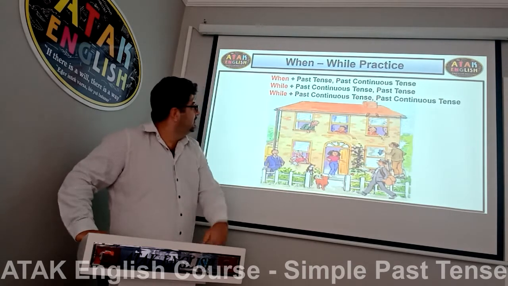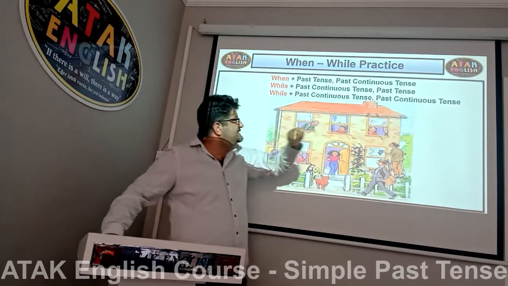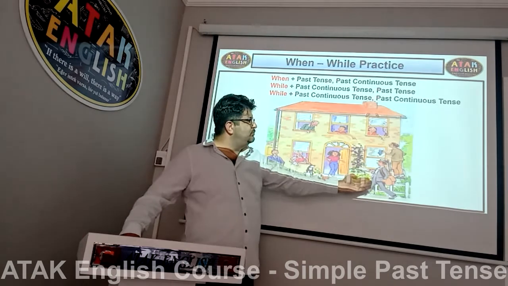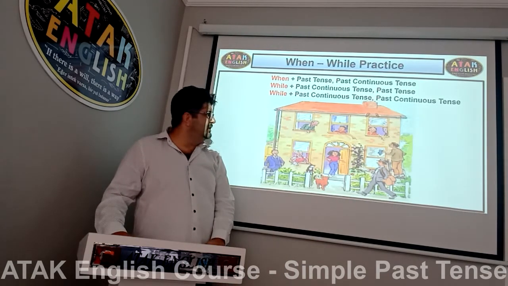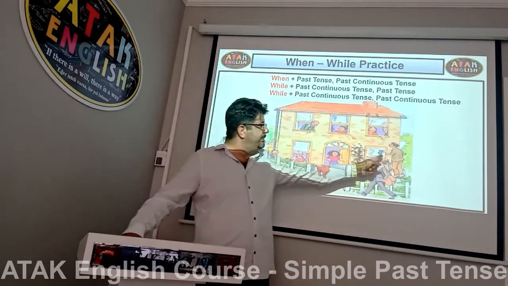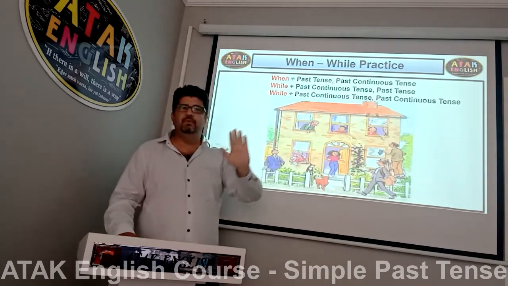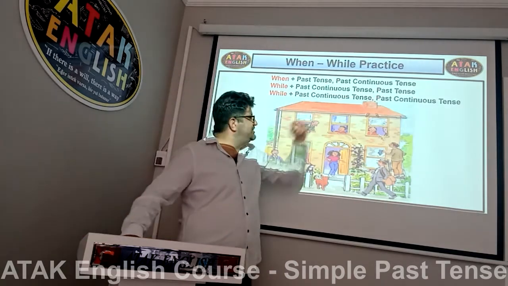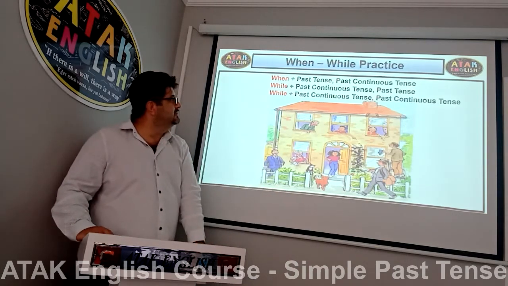And the last example, while plus past continuous tense, past continuous tense. While the postman was walking on the street, this gentleman was cleaning the window, wiping the window. So both actions are in past continuous form.